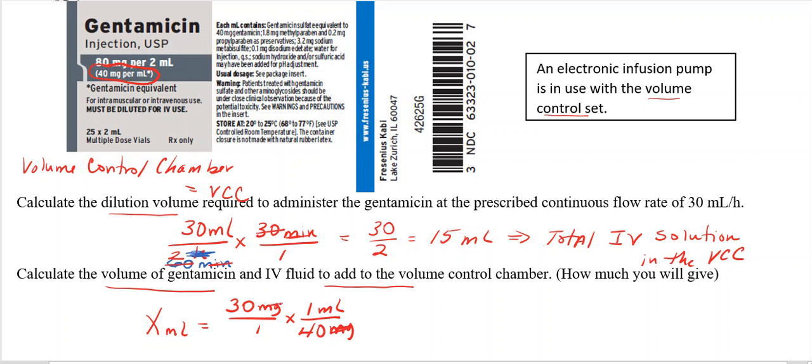The milligrams cancel, and the zeros cancel, so I have 3/4 of a milliliter, which is 0.75 milliliters. One thing to remember, this 15 milliliters is the total IV solution, including the medicine.